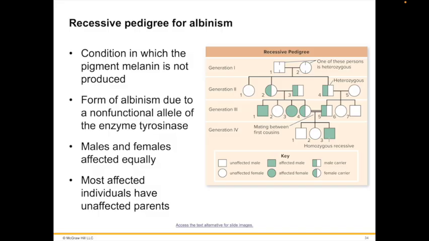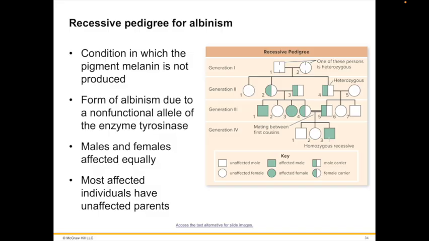The hallmark of a recessive pedigree is that affected individuals can result from two unaffected individuals, which cannot occur in a dominant trait. For recessive traits, one affected parent usually does not result in affected offspring, and the trait will be equally distributed among males and females.